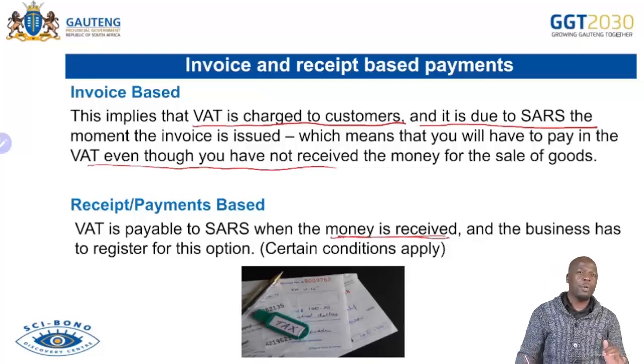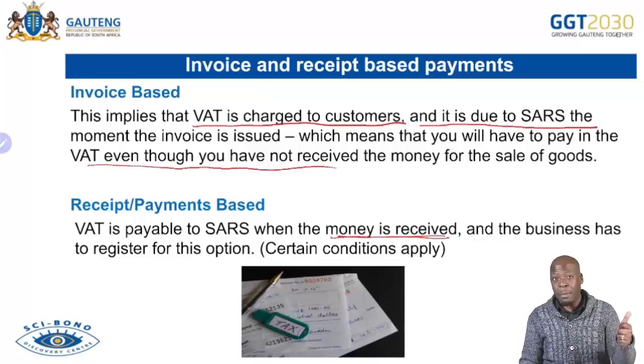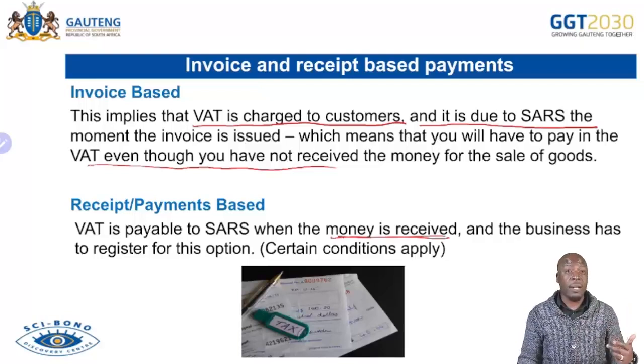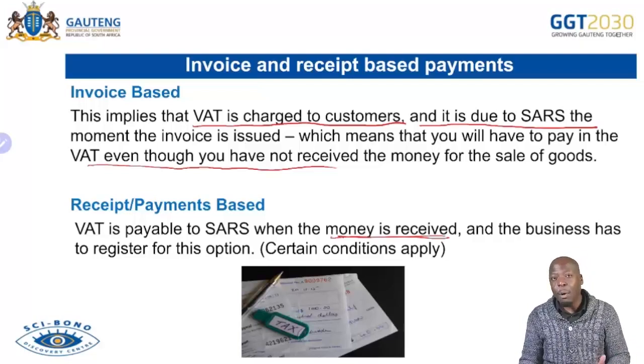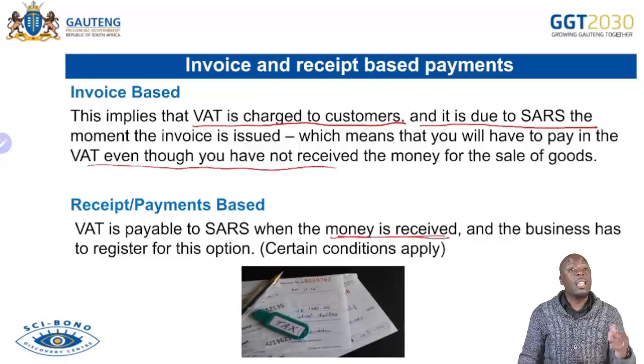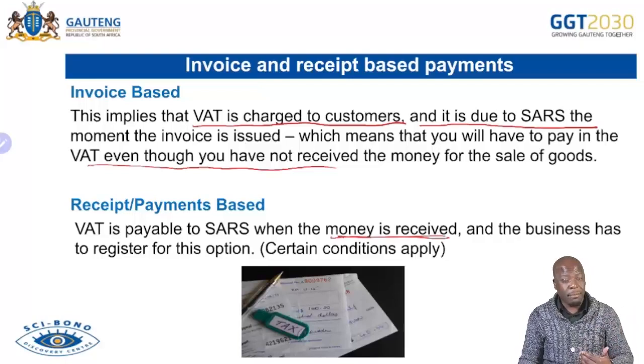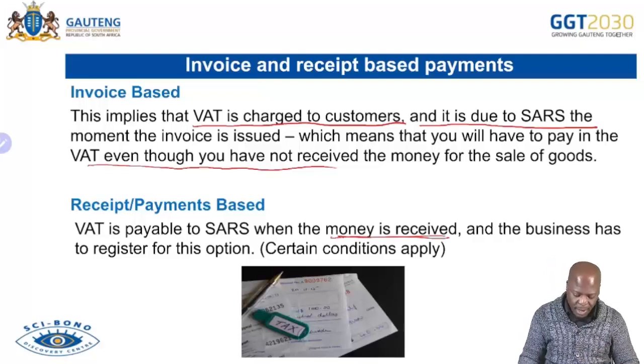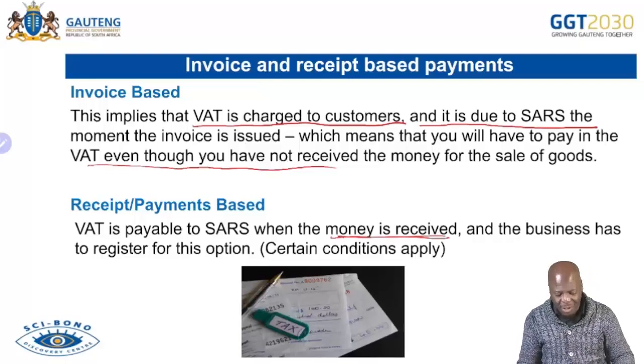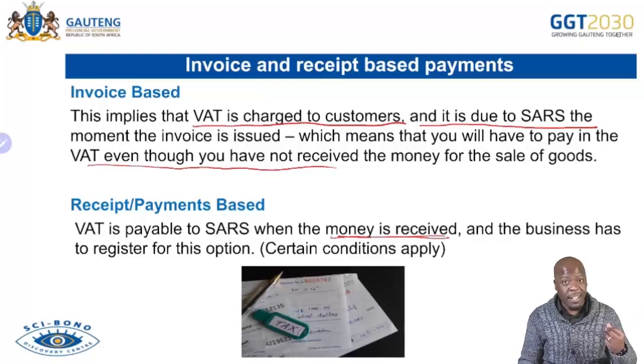So the difference between the two methods, that is the invoice-based method and the receipt-based method: with the invoice-based method, we consider that VAT is due to SARS the moment we sell the goods, even though we have not yet received the money. But with the receipt-based method, we consider VAT due to SARS the moment we receive the money. So that is the main difference. With the receipt-based method, we consider that VAT is payable to SARS when we have received the money.